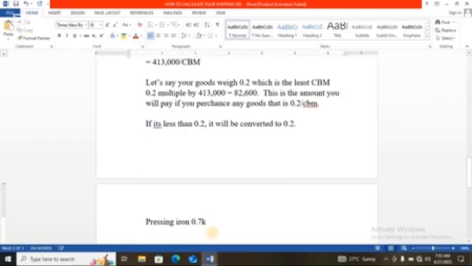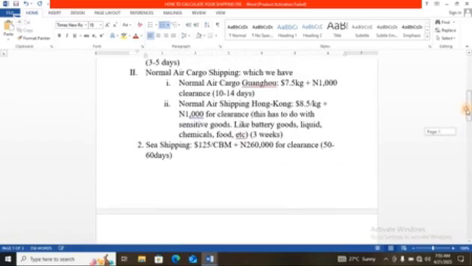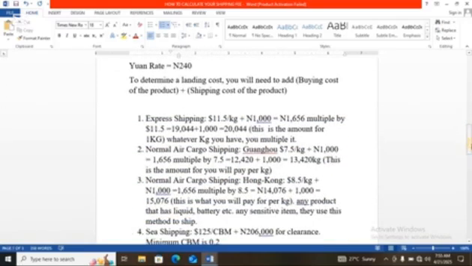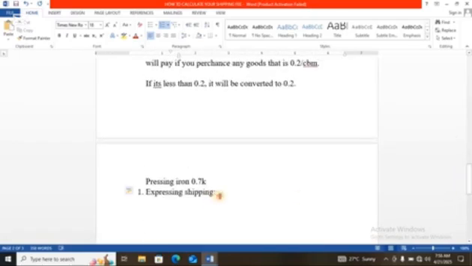Let's say you want to use express shipping. So number 1, express shipping. So how do you calculate it? Remember we say our express shipping fee is 20,044. This is the amount they charge, and this is your shipping fee.